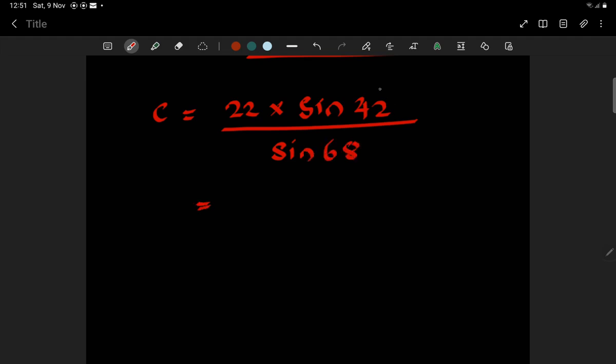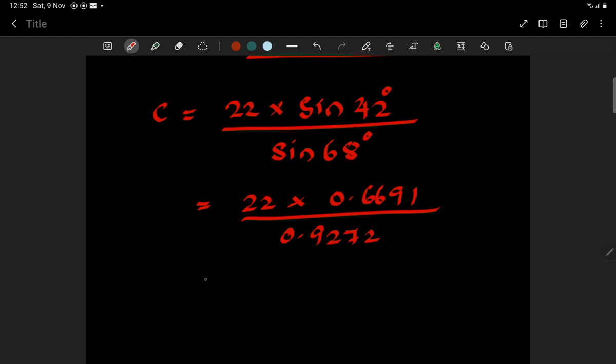Use the calculator: sine 42 is 0.6691, divided by sine 68, which is 0.9272. The last answer is approximately 15.9 feet. This is small c.